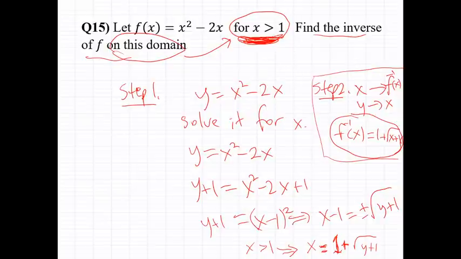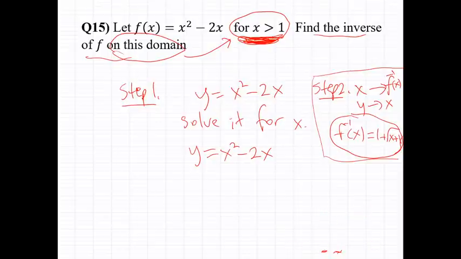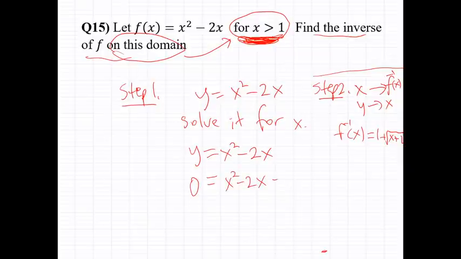Now I want to concentrate on solving this part again. If you don't know the trick here, then you can do it with the quadratic formula. Okay, I will write this one. Now this one, you can do by quadratic formula. You can do it this way: x squared minus 2x minus y.